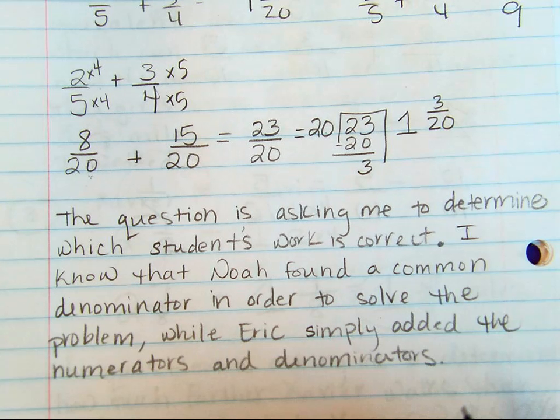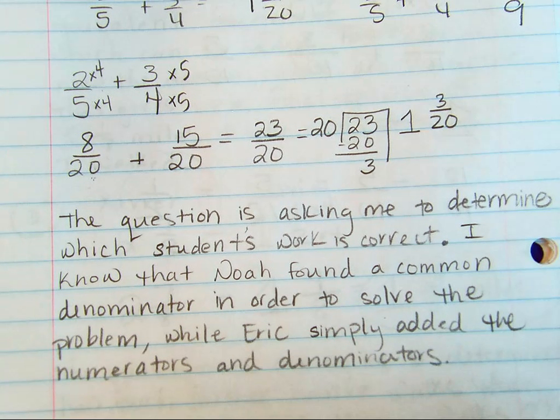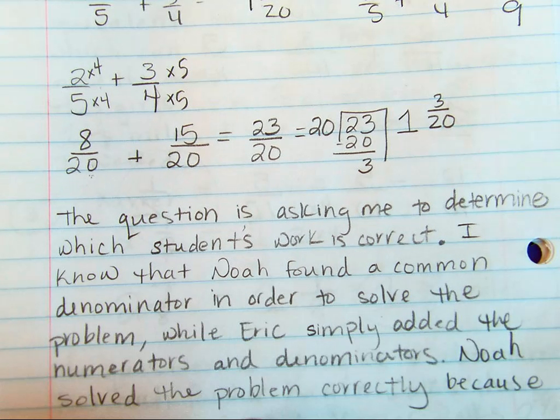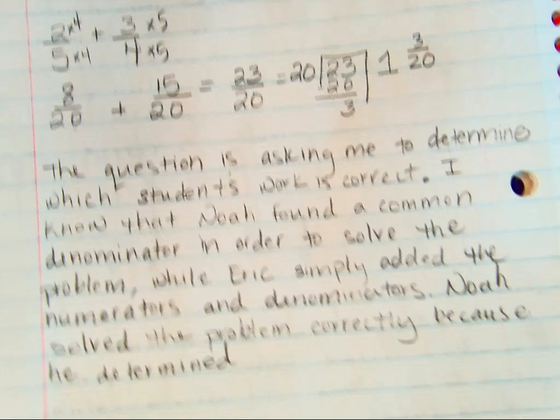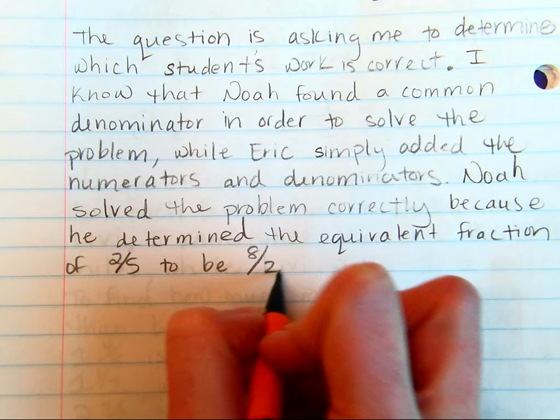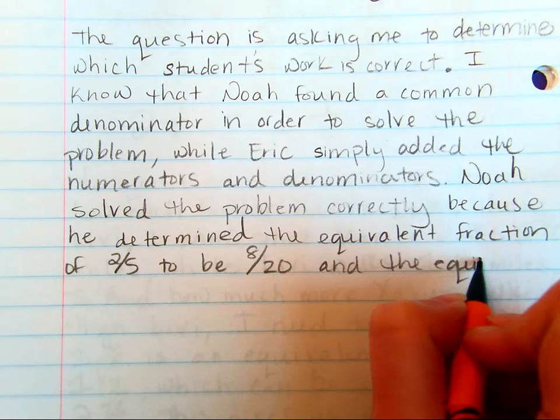So I'm going to say, Noah solved the problem correctly because he determined the equivalent fraction of 2/5 to be 8/20, and the equivalent fraction of 3/4 to be 15/20.